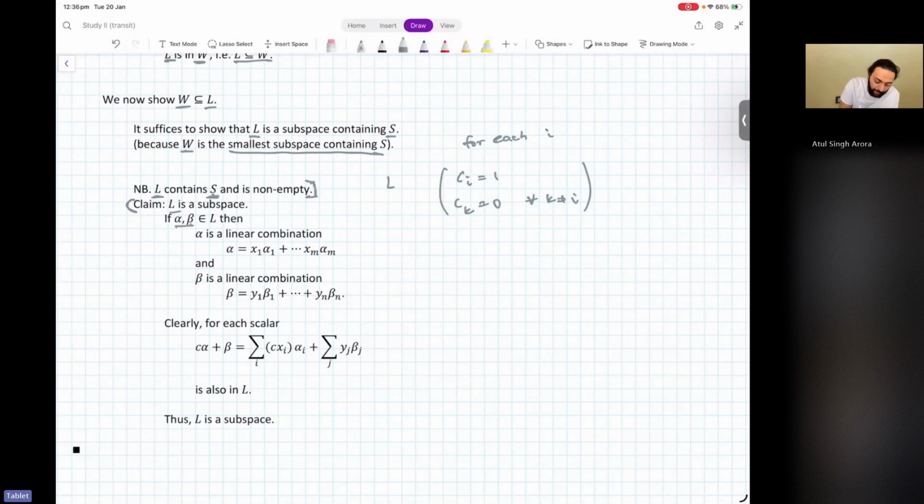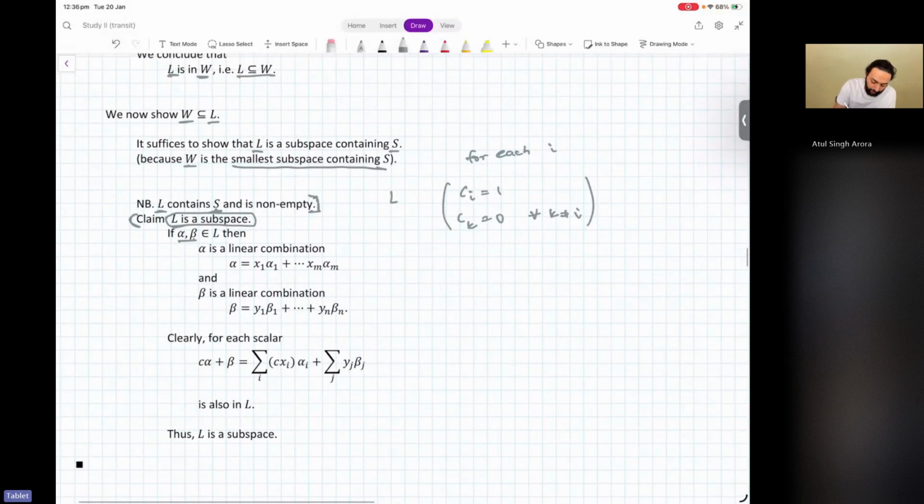And now the claim is that L is a subspace. This is what we want to establish. And how do we establish a subspace? Well, we play the usual game.